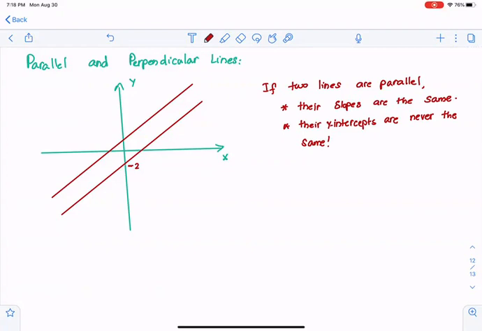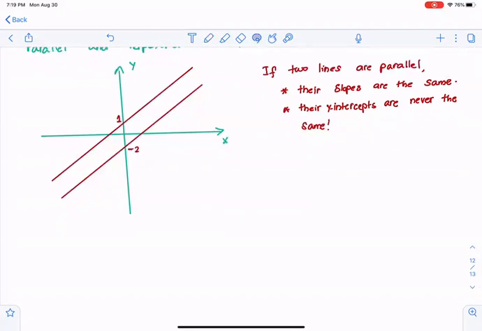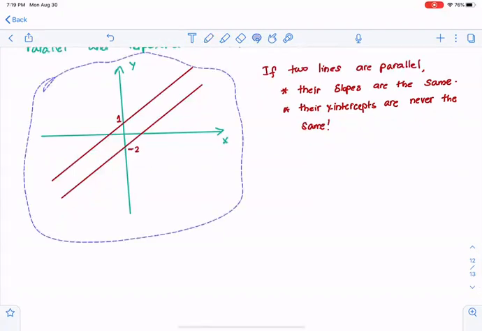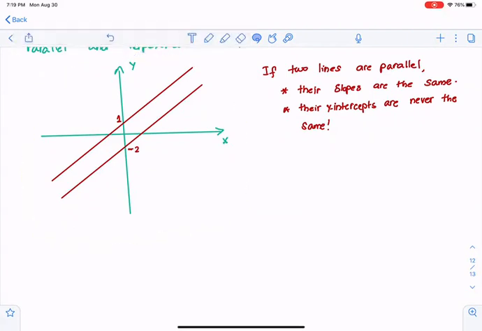So the slope of the second line that is parallel to the first line will be the same, but the y-intercept will not be the same. So for instance here, perhaps the y-intercept is 1. And you can see the two lines are parallel to each other.